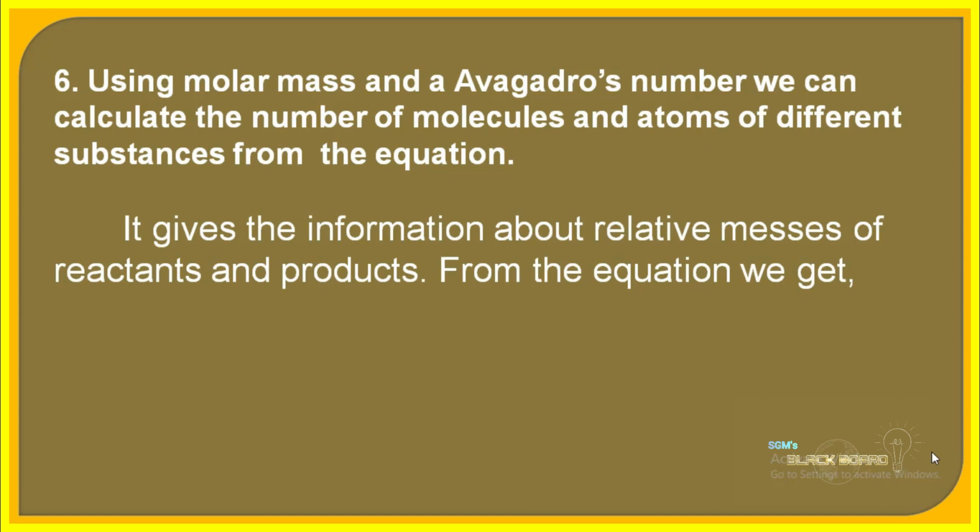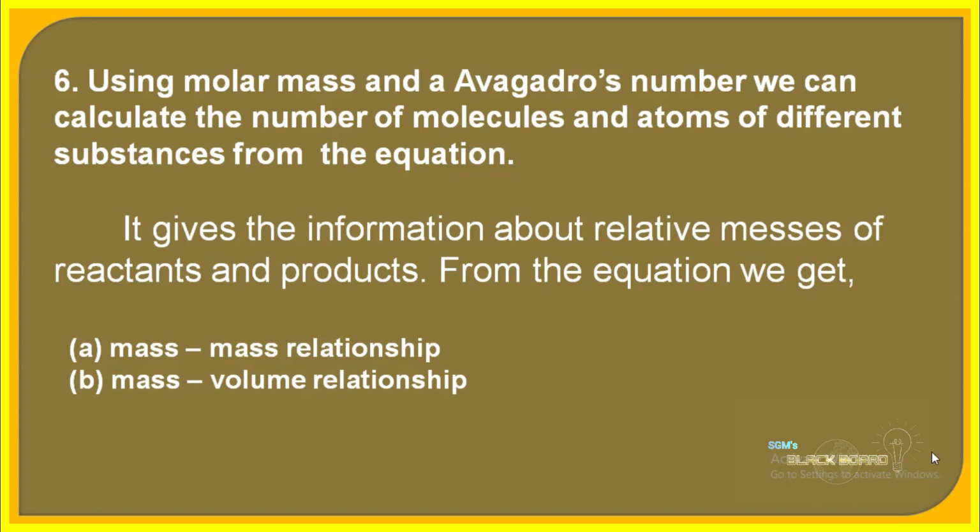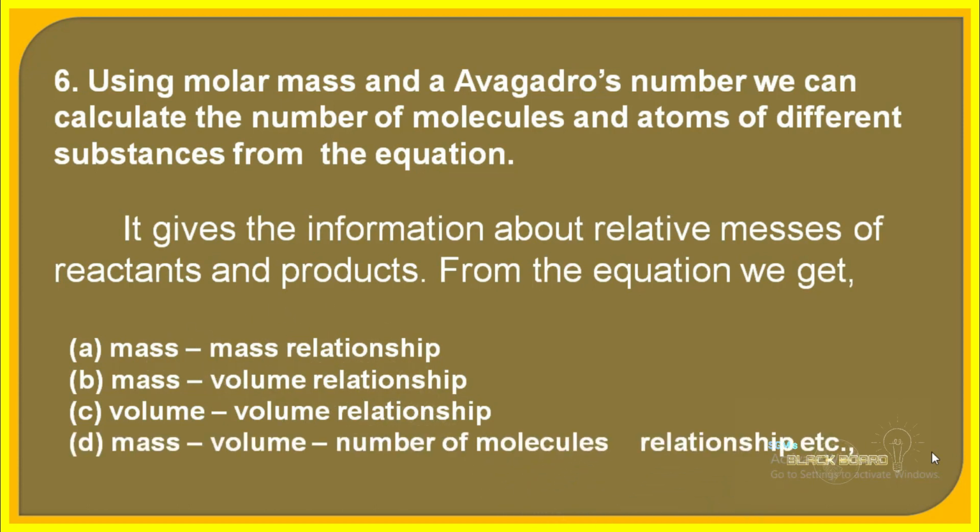It gives information about relative masses of reactants and products. From the equation, we get the mass-mass relationship, mass-volume relationship, volume-volume relationship, mass, volume and number of molecules relationship, etc. So this is the information we get by writing a balanced chemical equation.